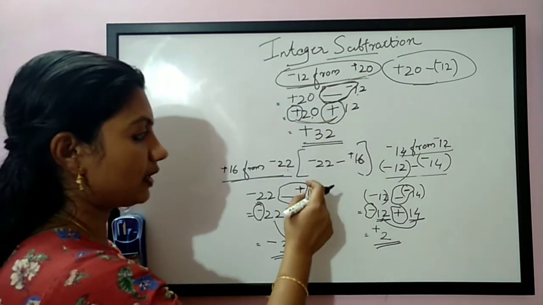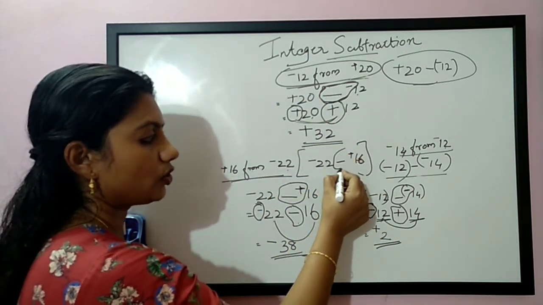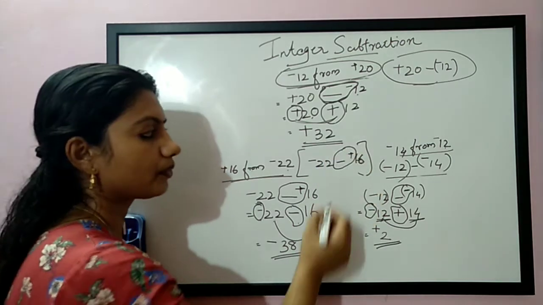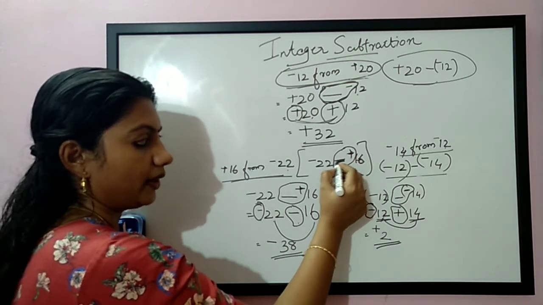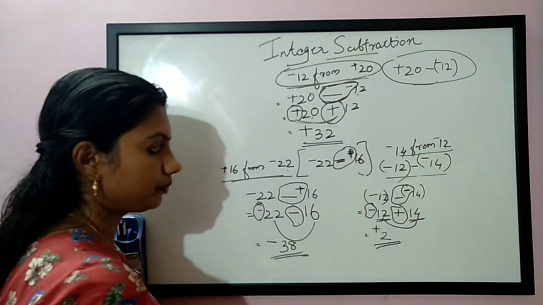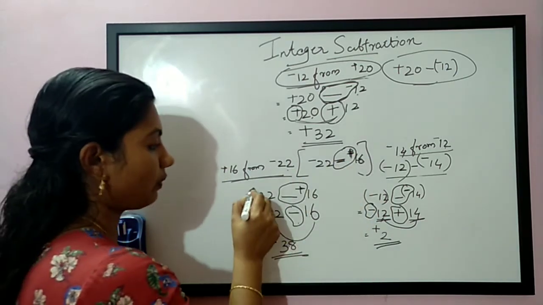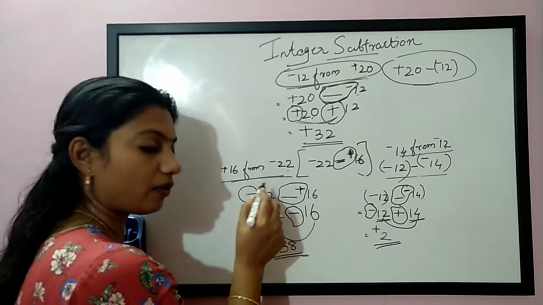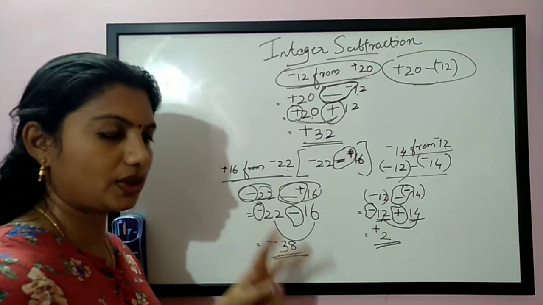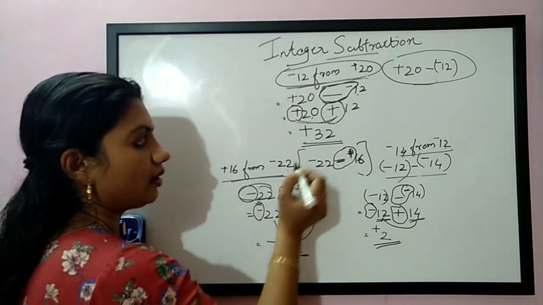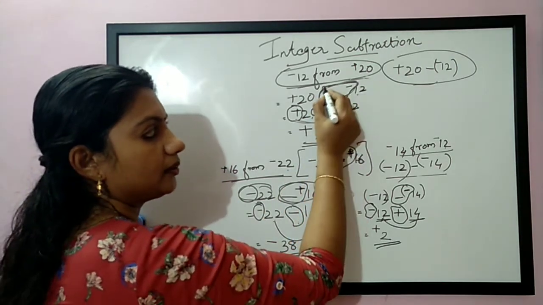So even if it is subtraction, we are going to check the symbols, resolve what is going to come with these two symbols, and next we'll be looking at what is the symbol of the first number, what is the symbol of the second number. So there are two checks. One is here.